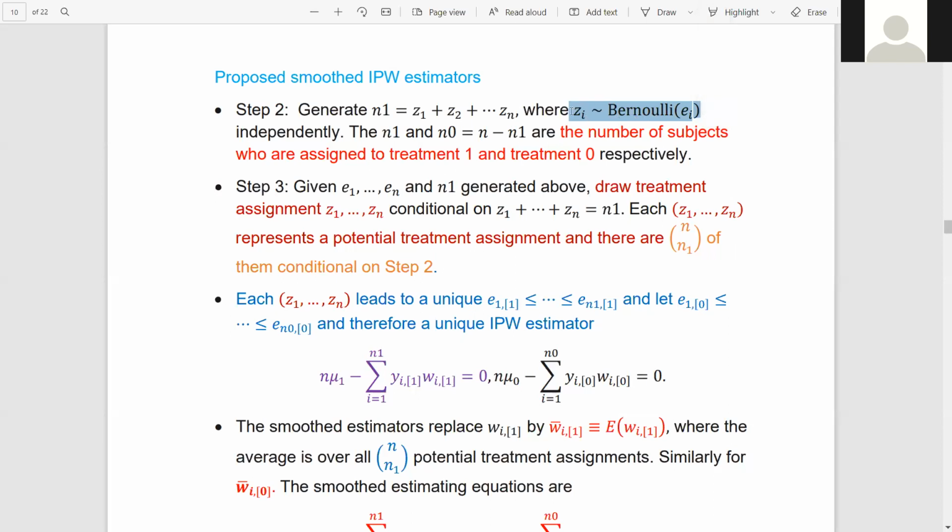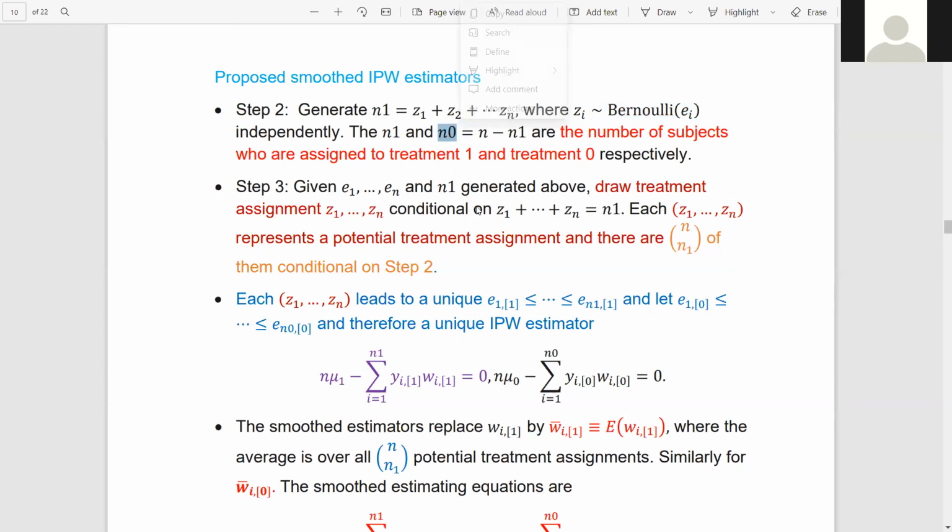This way can be decomposed into step 2 and step 3. The step 2 and step 3 and the usual way, just one sequence of n Bernoulli trials, are statistically equivalent. The reason I have to write them this way is that I cannot remove the variation in N1 and the variation in N0.